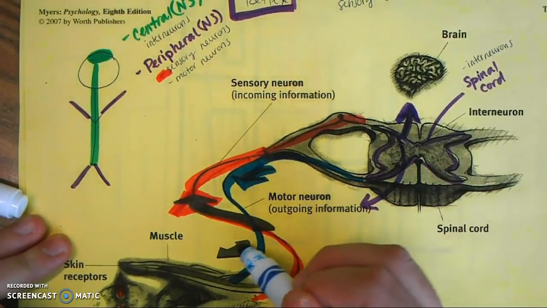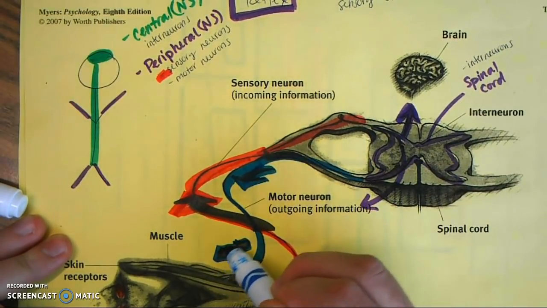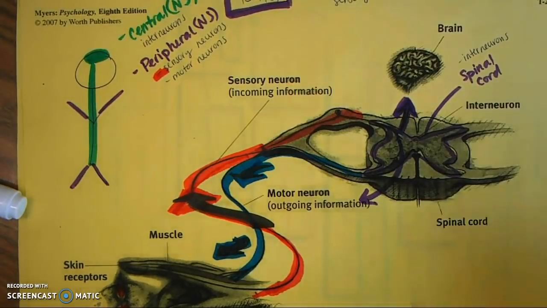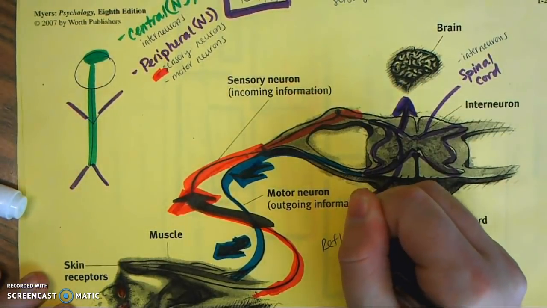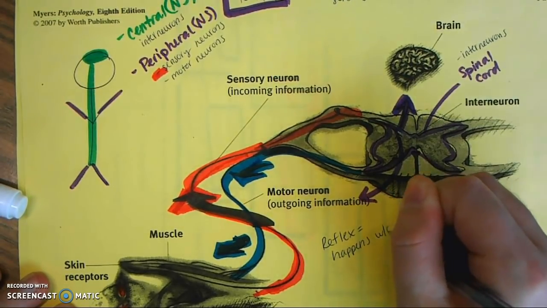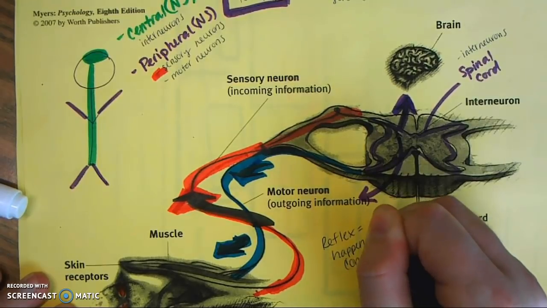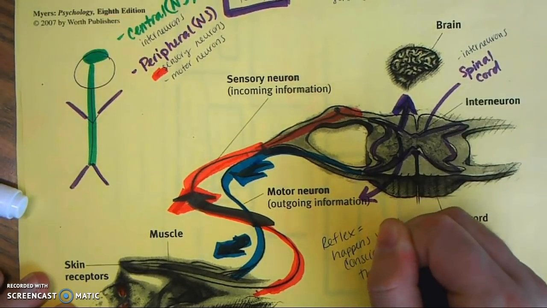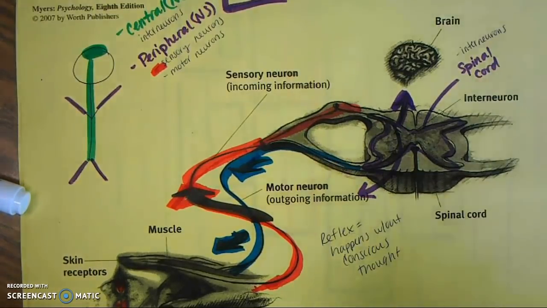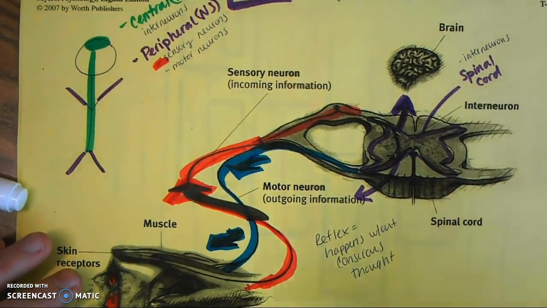And that motor neuron connects to muscle, and it tells you to move your hand away. So the whole point of a reflex is that it happens without conscious thought. You're not even necessarily aware of what you're doing. Your body's responding before your brain even has a second to realize what's going on.